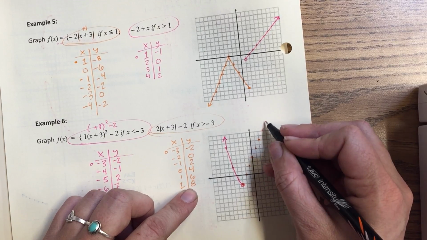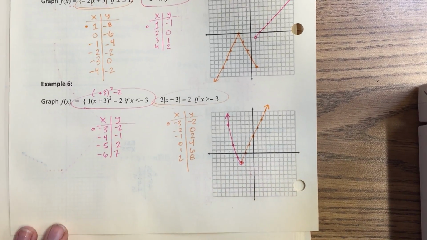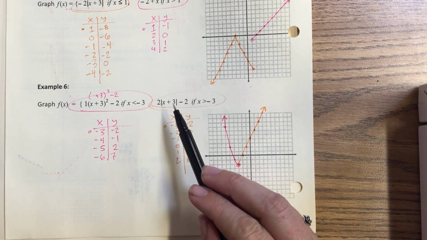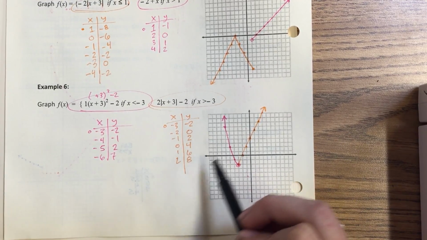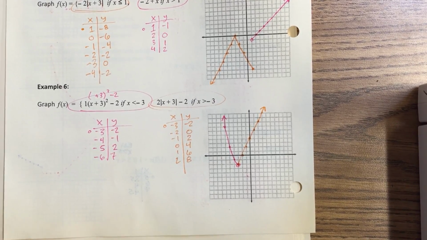If I continue going, it would go off the graph. And we're done. So it should make a V, but the V would end up being on the left side, and it went off the graph, so you get a stop. And that's how you graph piecewise functions.